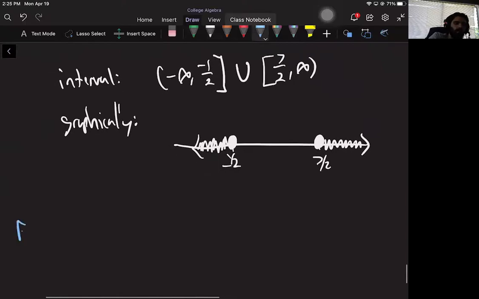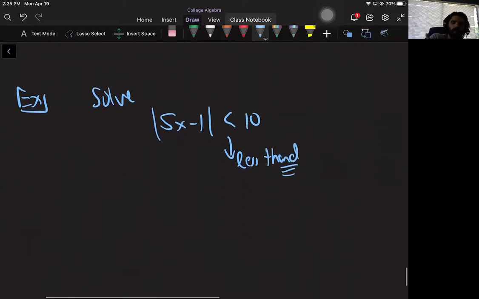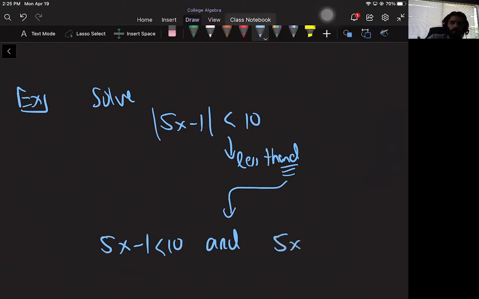This next example will be a less than. So identifying that it's a less than reminds me that it's going to be an and situation. And the 2 things that I'm solving are this one, and then the other one is to make the right side negative and switch the direction.